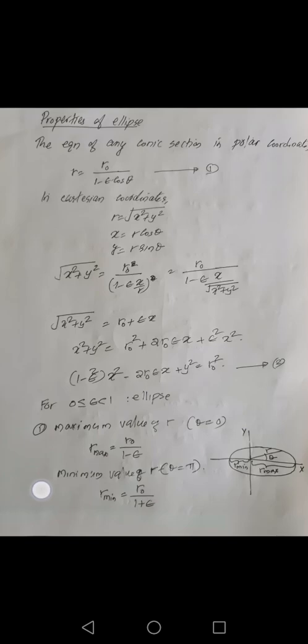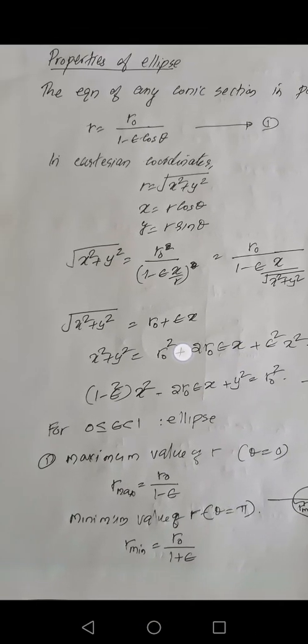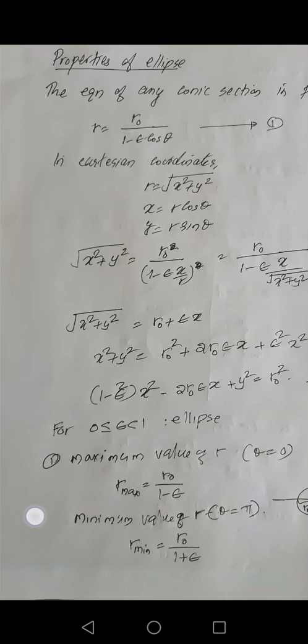Now from equation 1, we can calculate the maximum value of r. The maximum value of r occurs at theta equal to 0, because the maximum value of cos theta is 1. Therefore, r max is equal to r0 / (1 minus epsilon).